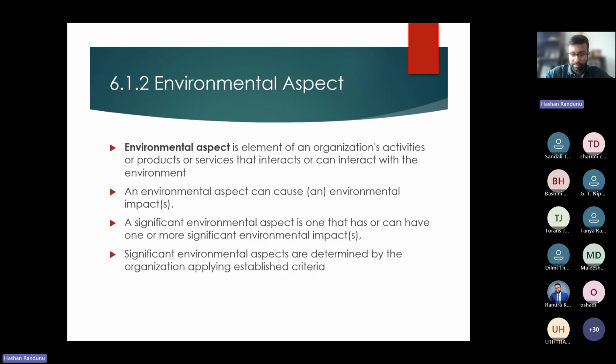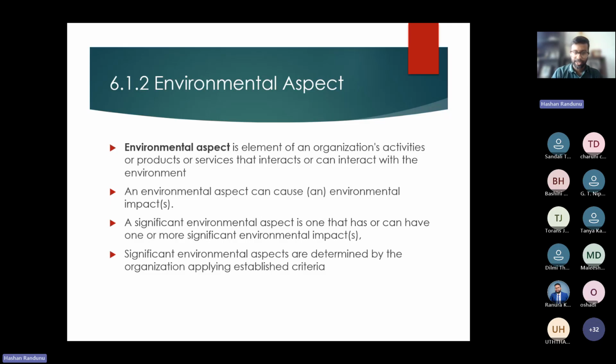If I take an example, when we operate a generator in a factory, stack emission can happen from the generator. Certain emissions can happen. So the environmental aspect is release to the air. We release certain gases from the generator to the air. That's the aspect. As a result of releasing certain gases, we have an impact on the environment, which is air pollution.